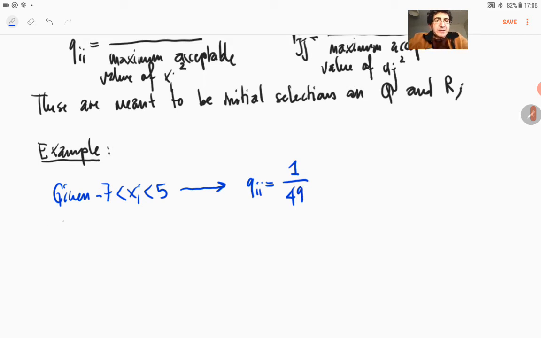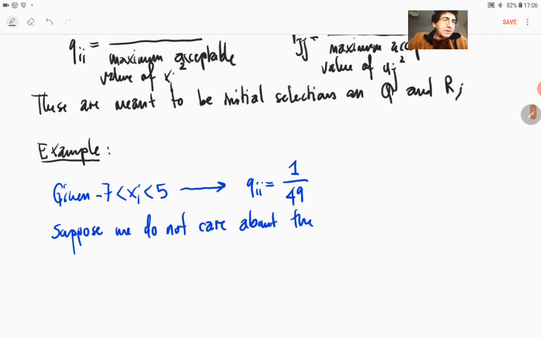Another example is, suppose we do not care about the value of a certain state x_i.